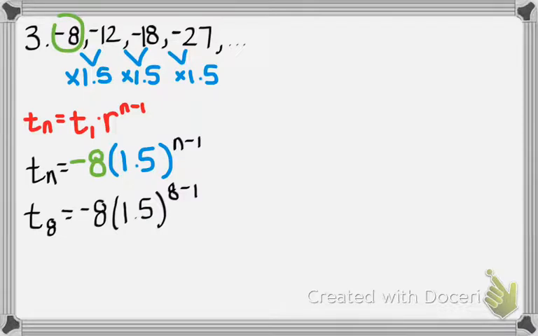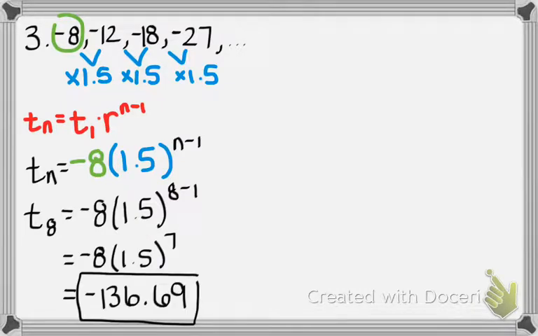So I plugged in 8 into the parts of the formula where I see n, and I'm going to solve. So again, first I simplified the exponent, and then I put this all into my calculator to get -136.69 as my answer.